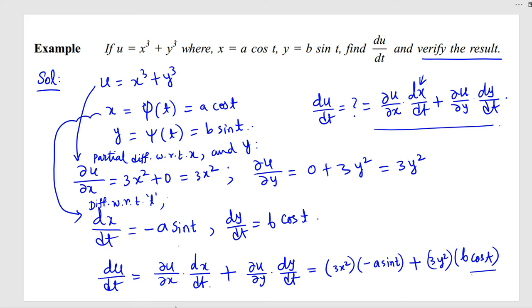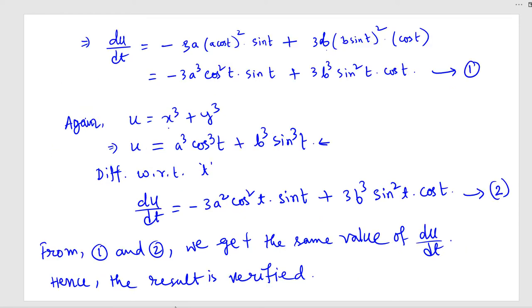So this is what you needed to show. So verify the result, find out this value and also verify whether this is correct or not. Okay, so in this way we will try to verify the given problem.